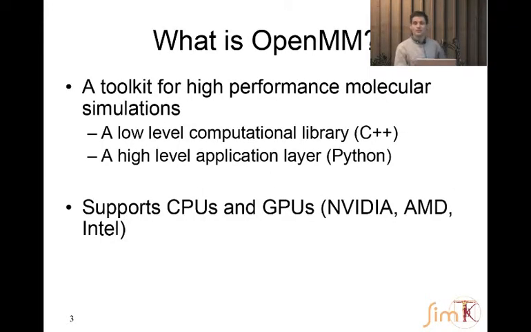So what is OpenMM? It really is two main pieces. There is a low-level computational library, written in C++. This library implements lots and lots of different calculations that come up in running molecular simulations: evaluating forces and energies, doing numerical integration, applying constraints, doing minimizations, that sort of thing.